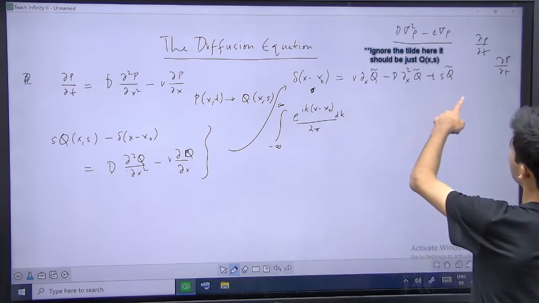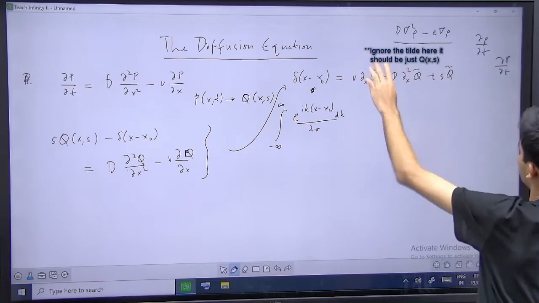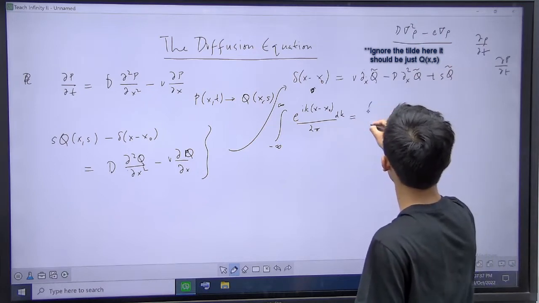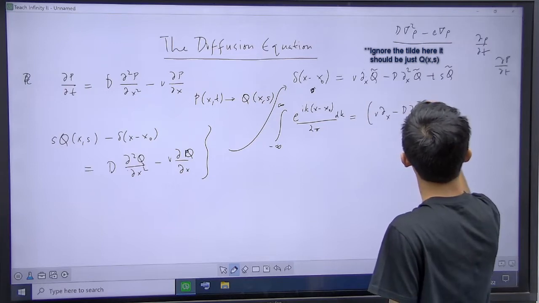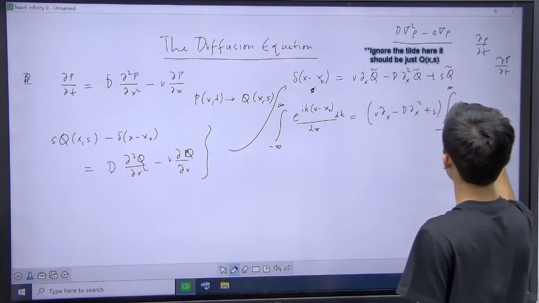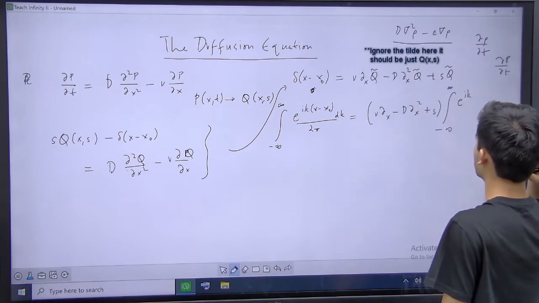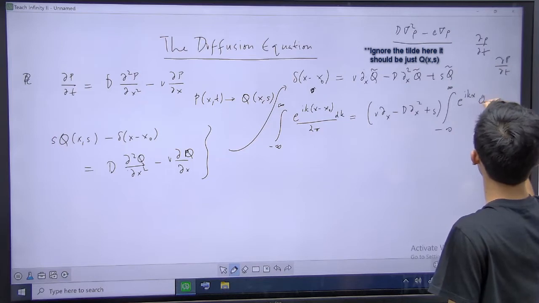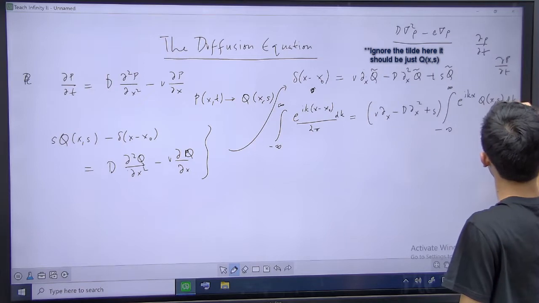And again, I can bring out all these partials, and I can write q tilde also, with v plus s times q of x comma s, D over 2.